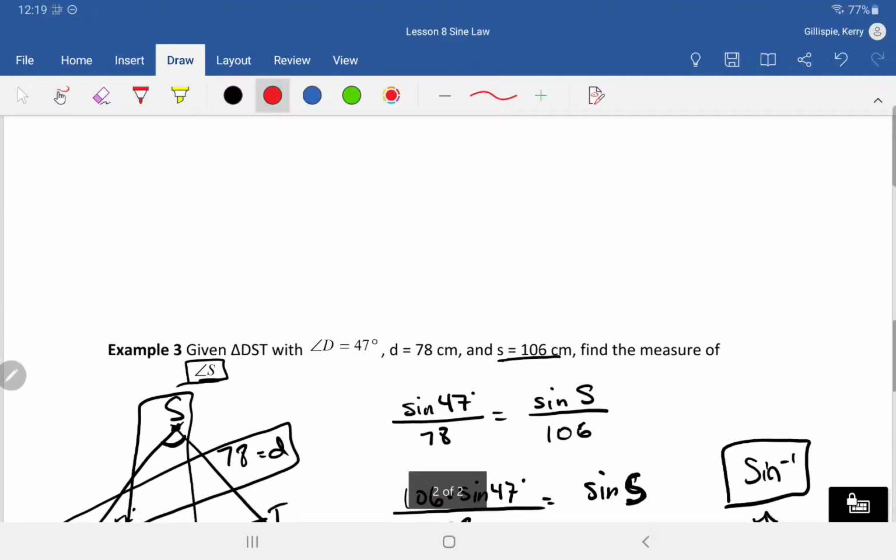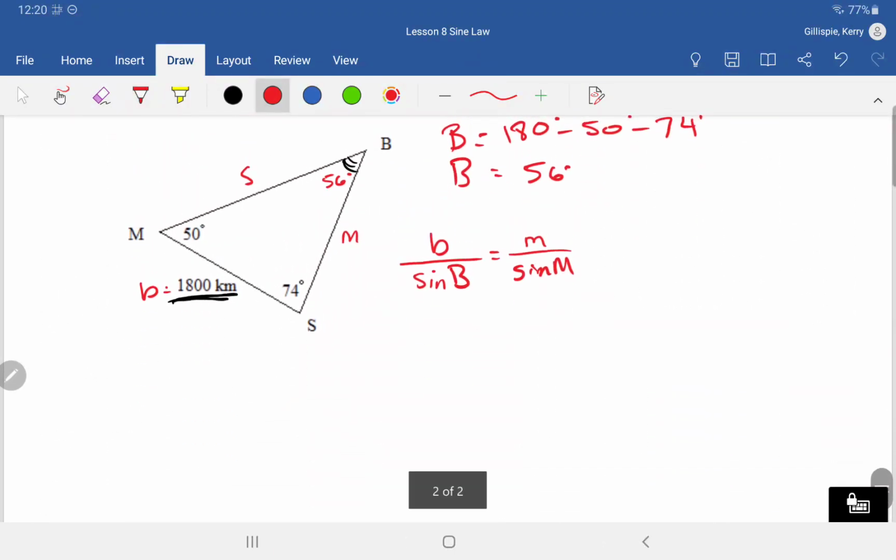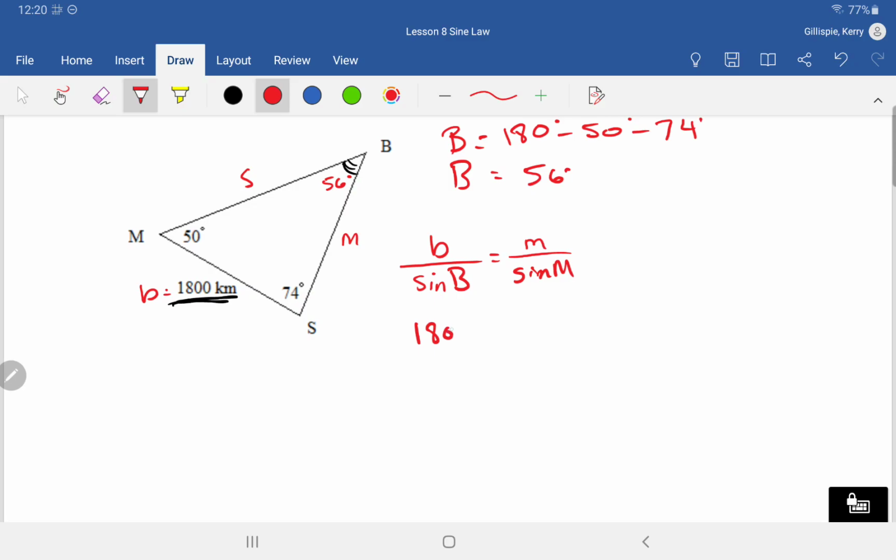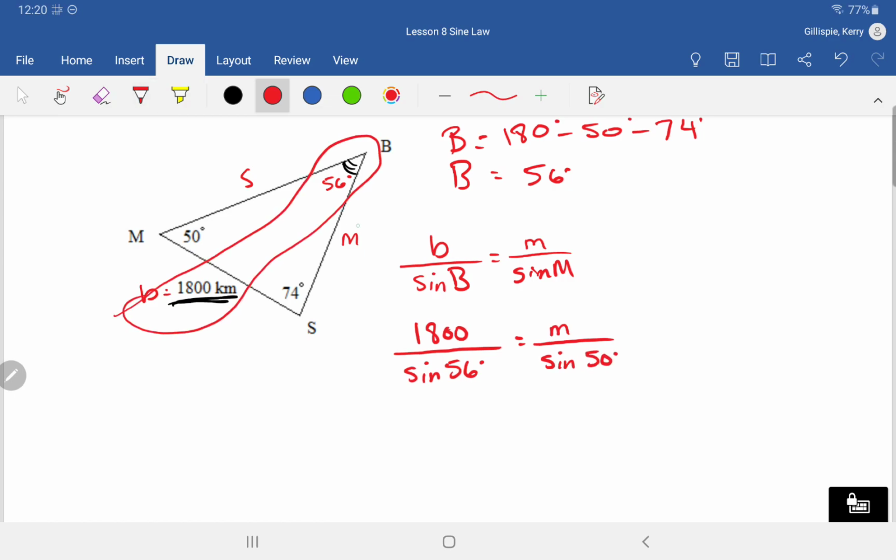So that time I did write the formula first. 1,800 is across from the sine of 56. Lowercase m is across from the sine of 50. So once again, this pairs and this pairs up. And to get lowercase m by itself, I just bring sine 50 up.